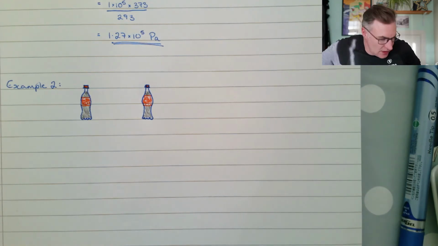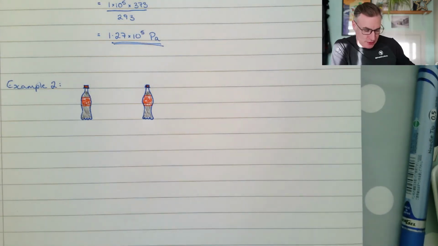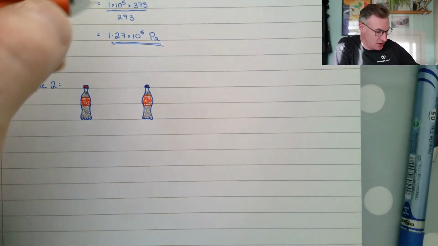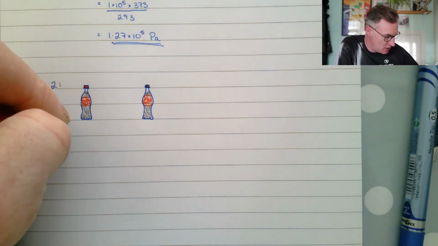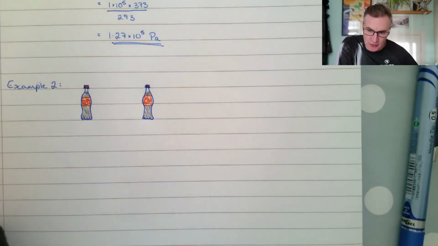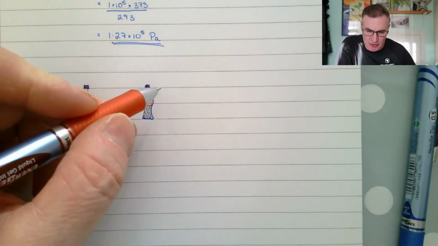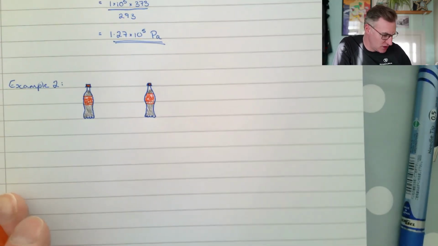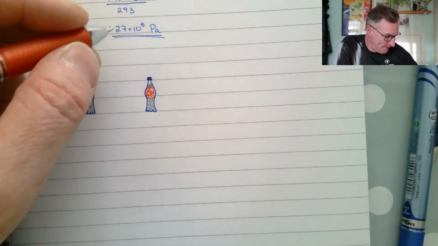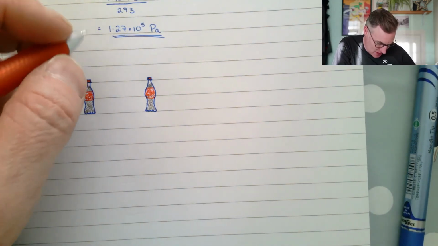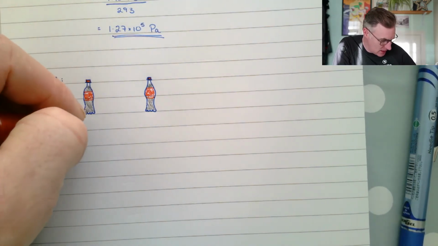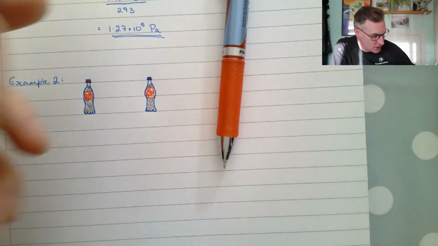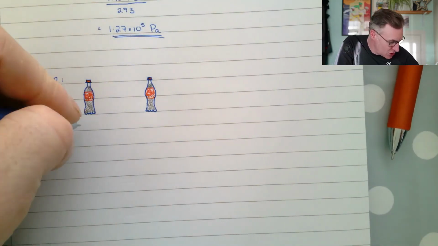Okay, so we'll have a popular brand of soft drink here. Now this will be a volume of 500 milliliters, which of course is fixed because it's not been opened yet. And we'll have it at a slightly higher pressure. So let's say it's been shaken.